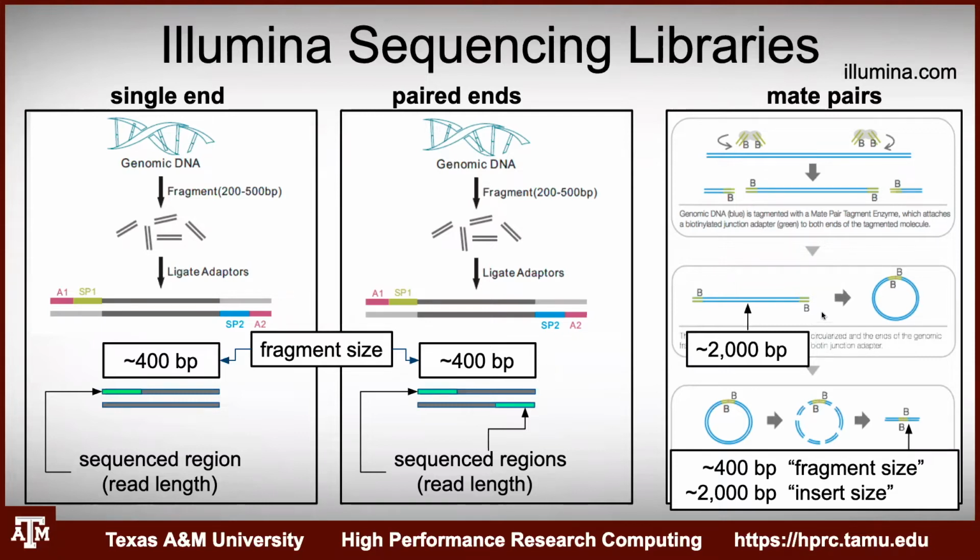You can also generate mate pair libraries. Are you guys familiar with these? No? Okay, so these are especially helpful for things like de novo assembly, whenever you're using only short read data. Essentially, whenever you have short read data, the paired end reads can build what are called contigs.